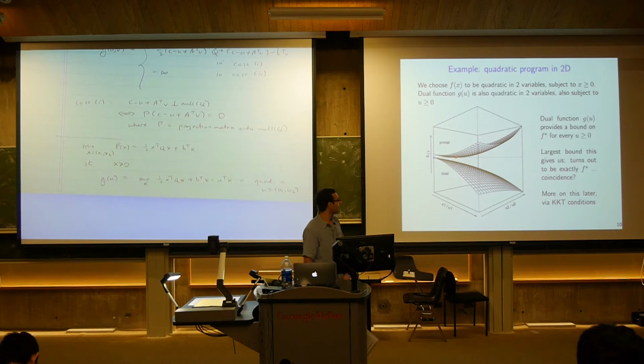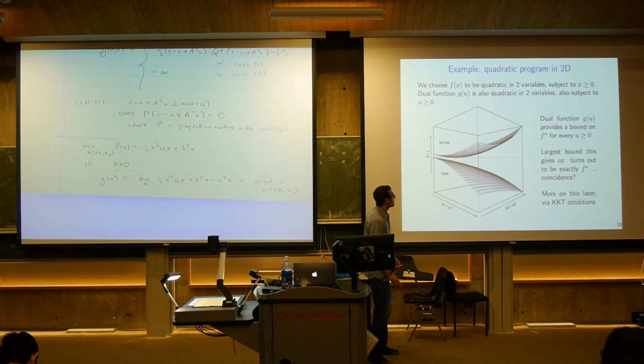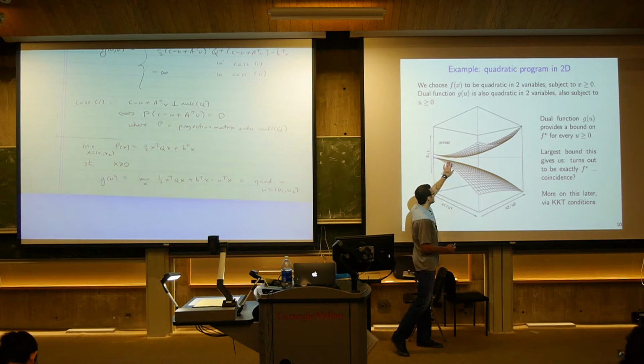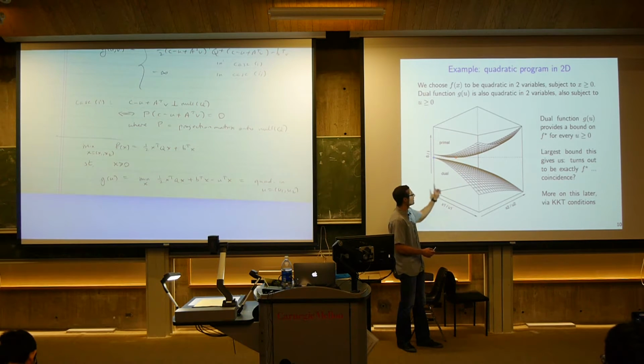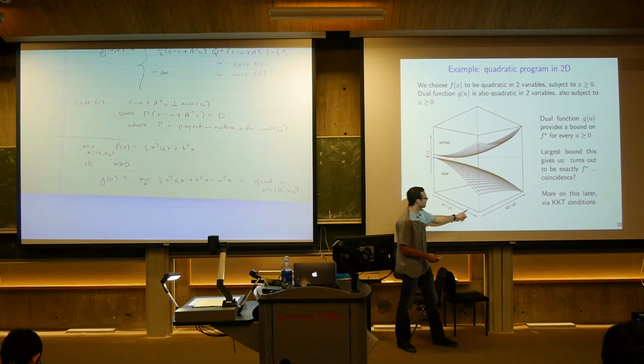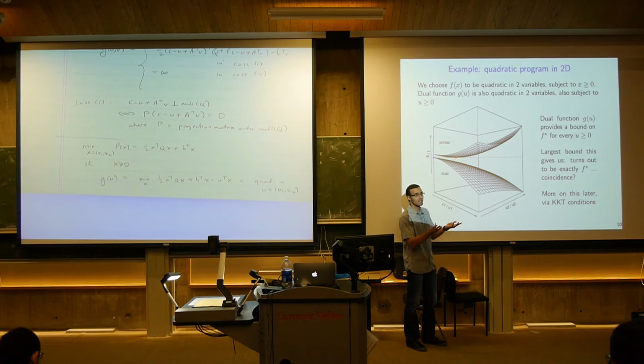So it's a concave quadratic, and here's what it looks like as a function of its variables. In this example, I only had inequality constraints on x, so I had 2 dual variables, and I can use these axes for 2 different purposes. This is either x1 when I'm plotting this function, or it's u1 when I'm plotting this function. So I'm plotting the dual surface and the primal surface.